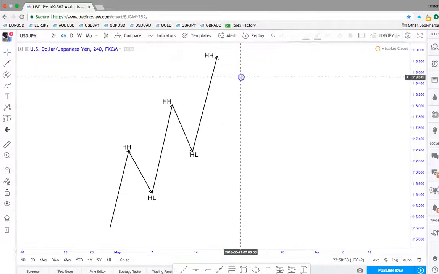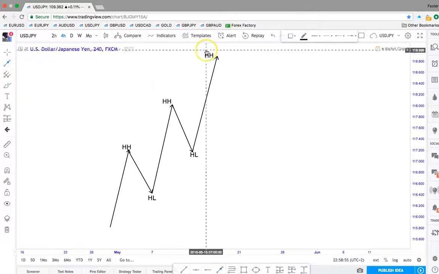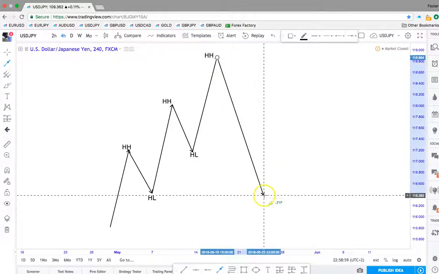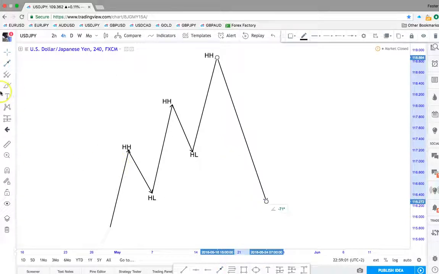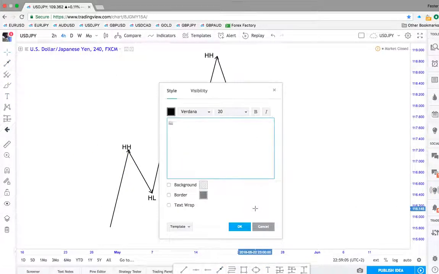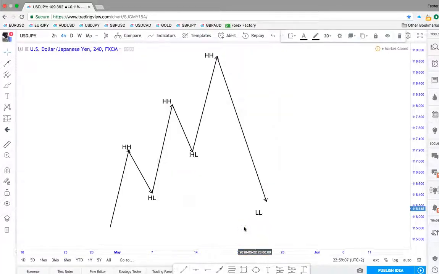Alright, cool. So when that happens, and remember this is based off the time frame that you're trading on, whether it's a daily, weekly, monthly, 4-hourly. This is based on the time frame that you're on.